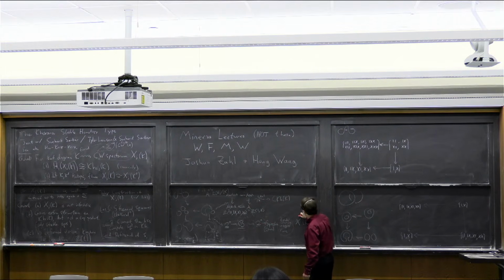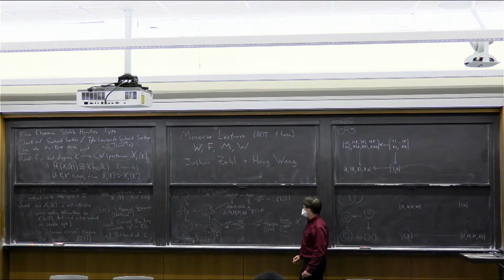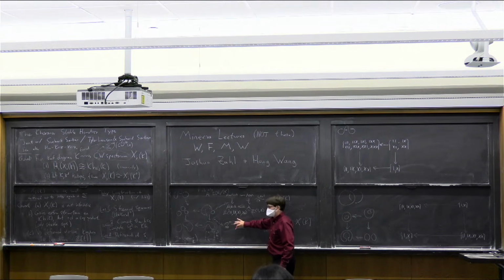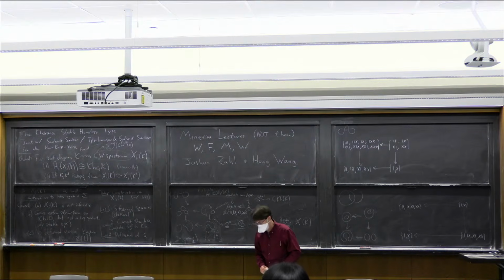And here, again, taking the cellular chain complex is going to recover the Khovanov complex from this space. So at each stage, the old construction is obtained by forgetting some information from the new construction. OK. Questions about the plan?